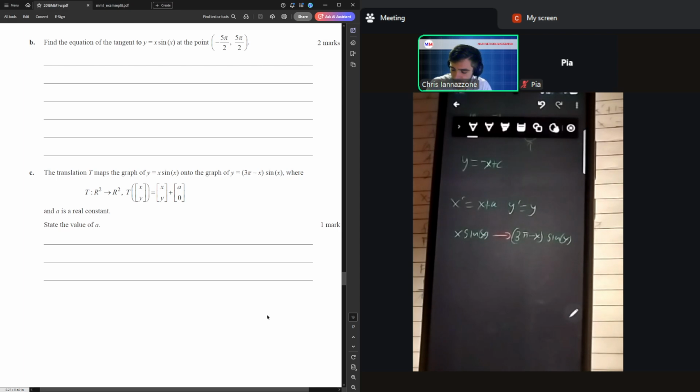If you were to take a shot in the dark at it, what do you think a is likely to be? Or at least be close to? Just based on how one is being mapped onto the other. I think I would just say 3 pi.